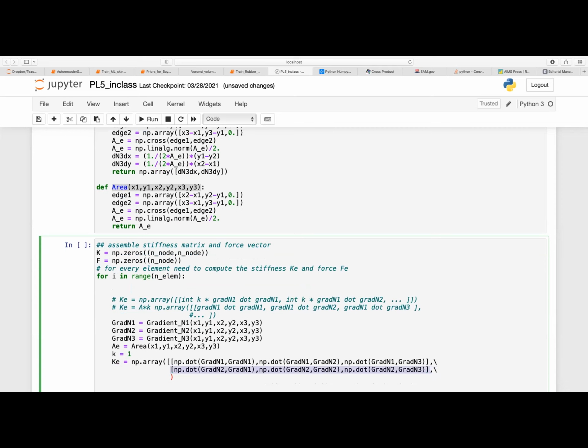The third row is just N3, N3. So again, times the area times the K. So the conductivity times the area times the matrix that just has the dot product of the gradients.